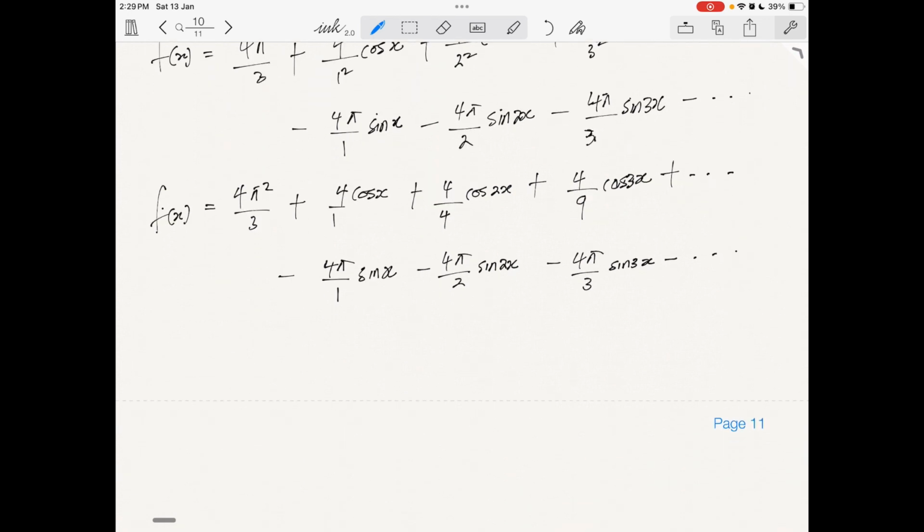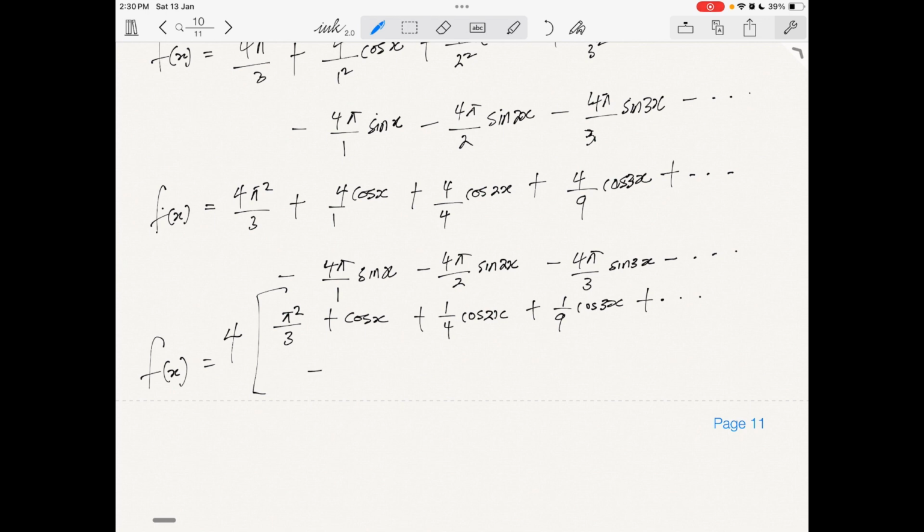Now we can see that 4 is common to all. So f of x is equal to 4 factorized out of pi squared over 3 plus cos x plus 1 over 4 cos 2x plus 1 over 9 cos 3x plus minus pi sine x minus pi over 2 sine 2x minus pi over 3 sine 3x.